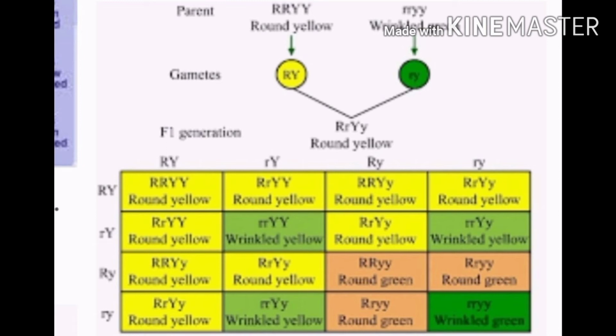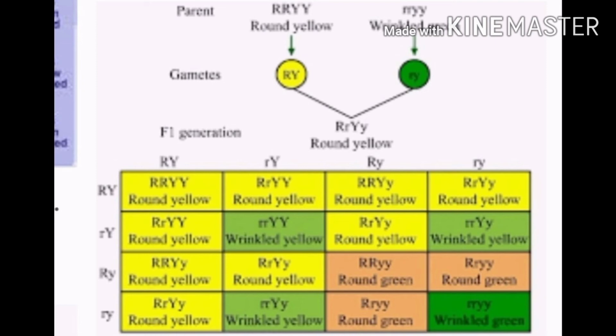When they were crossbred, the F1 generation offspring obtained was round and yellow, thus stating that round and yellow seeds are dominant traits, having the genotype capital R, small r, capital Y, small y.